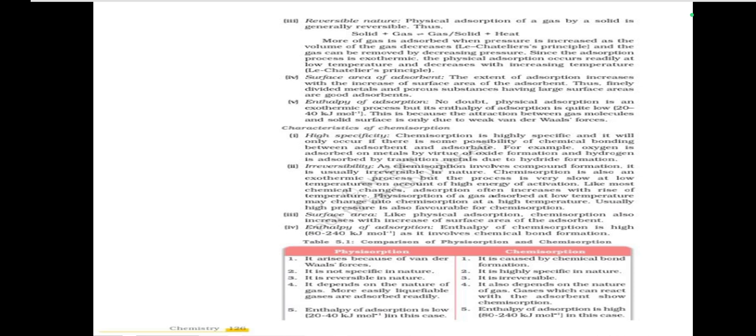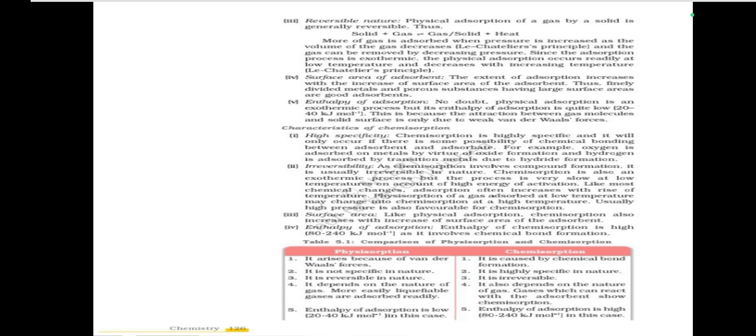Usually, high pressure is also favorable for chemisorption. Surface area: like physical adsorption, chemisorption also increases with increase of surface area of the adsorbent. The enthalpy of chemisorption is high, 80 to 240 kJ per mole, as it involves chemical bond formation.